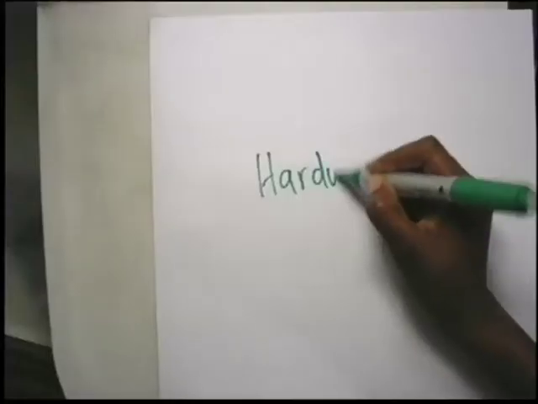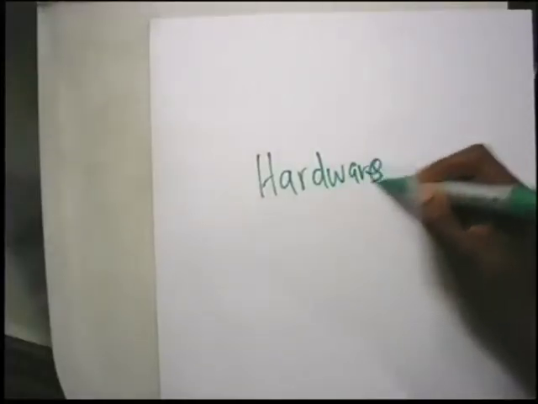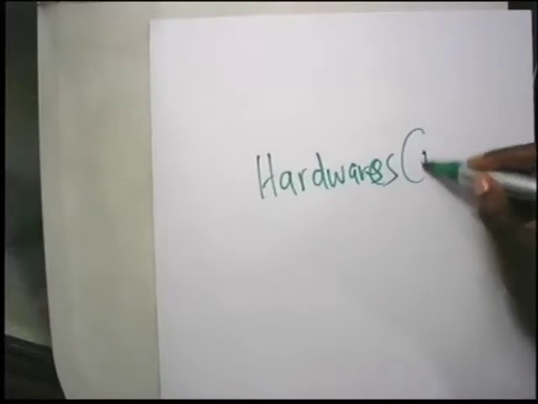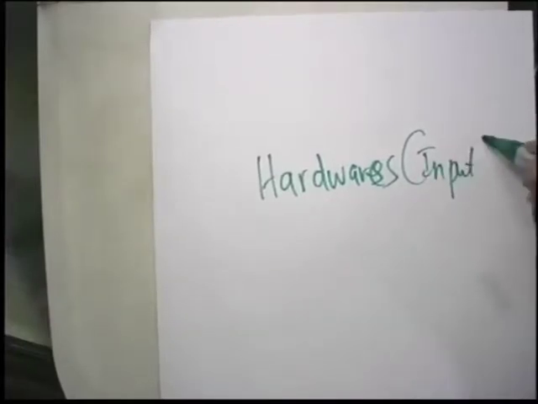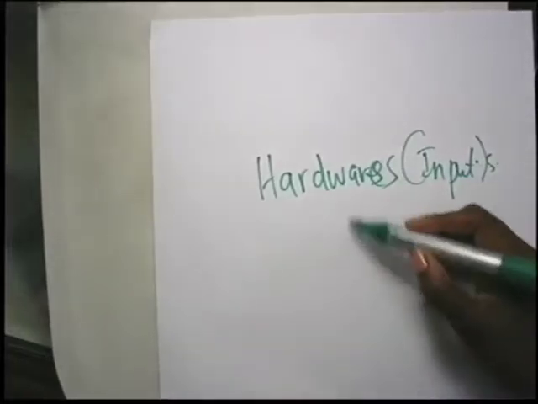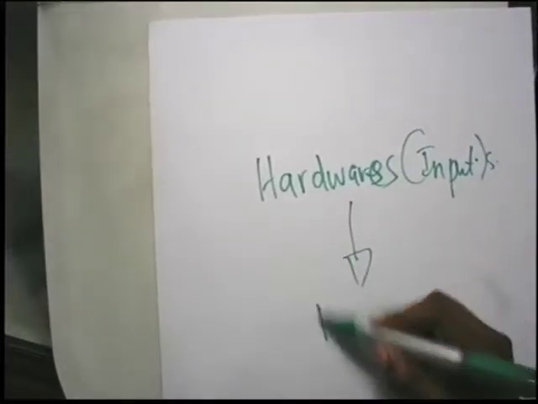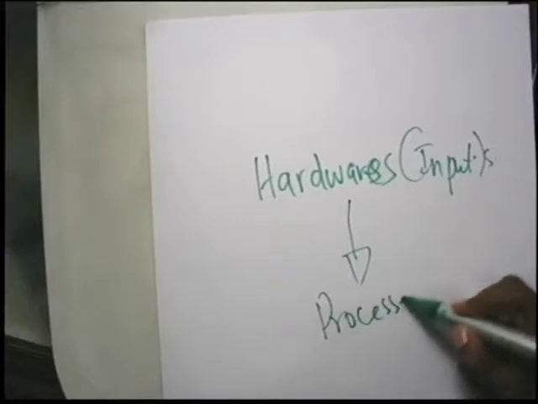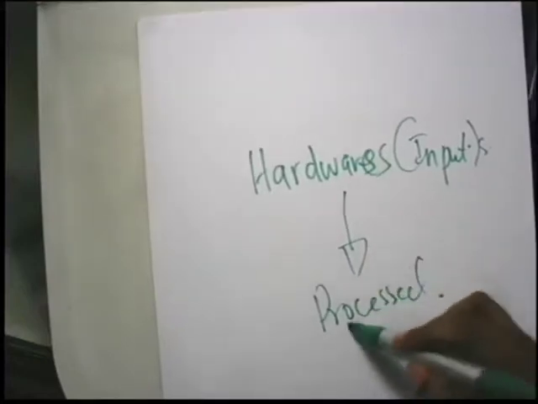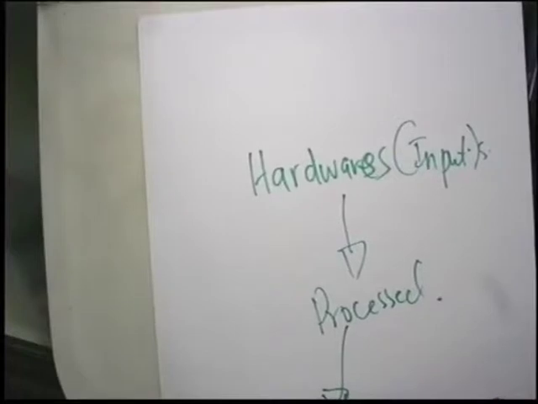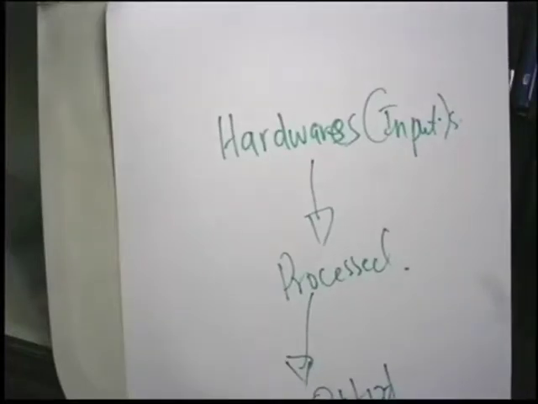With the hardware, we have to look at what type of hardware we use when we are inputting the data, the time when it's going to be processed, and then the time it's going to be output. So we output our data.